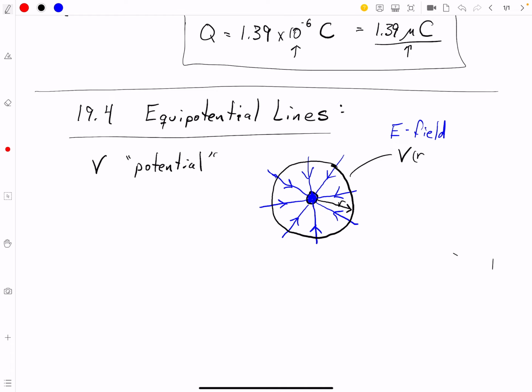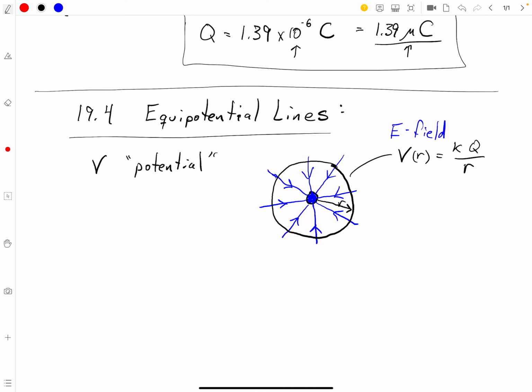And we can say V at R, right? So depending on the R, you'll have a different V because kQ over R will be different for the different R's, right? V is a function of R. That's what that means. So that's an equipotential line. The potentials are equal all the way around.